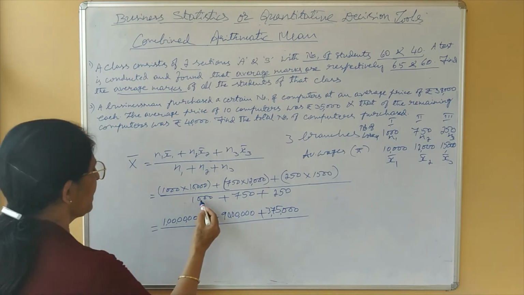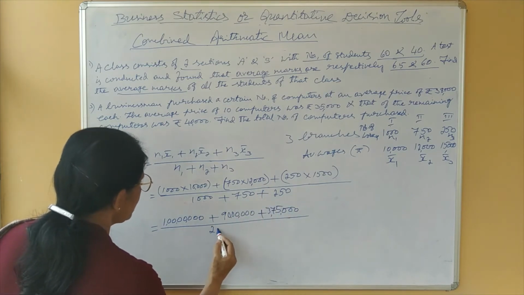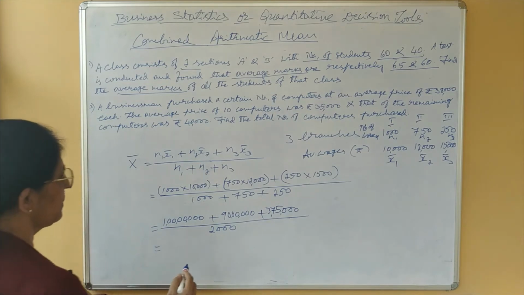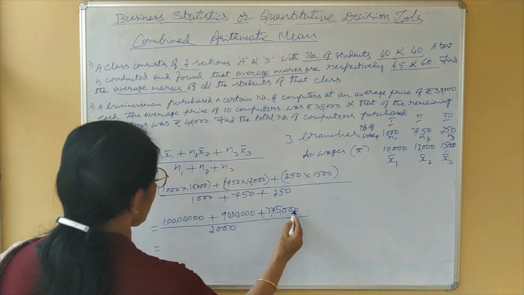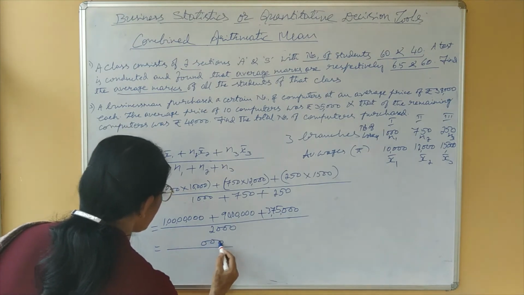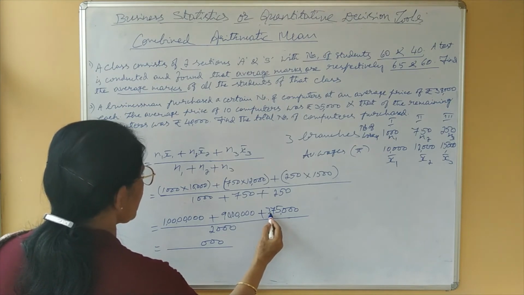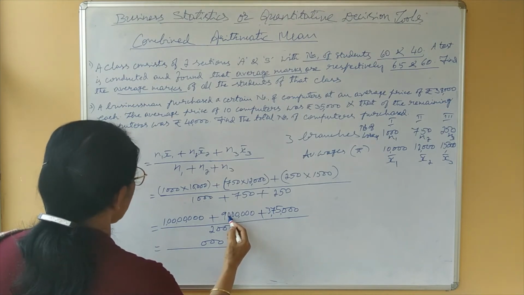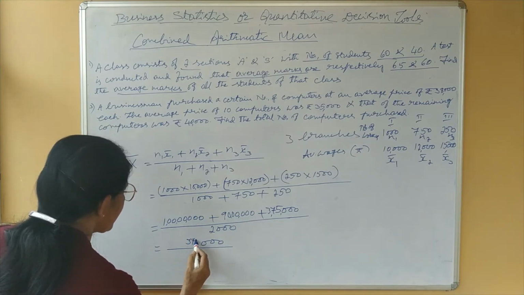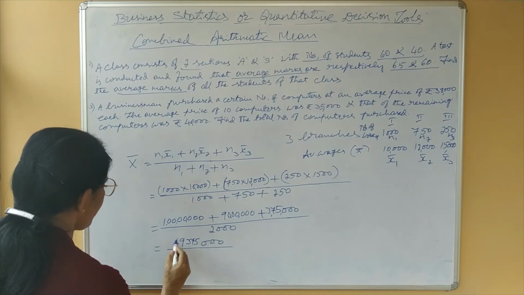Divided by 1000 plus 750 plus 250. The total is 2000. Now take the total. Here how many common zeros are there? 3 common zeros. Then here it is 375, and in this place 9 1.